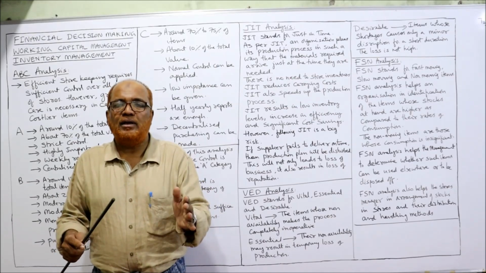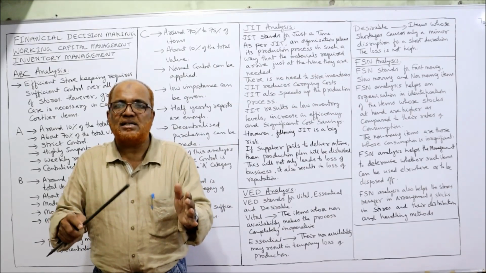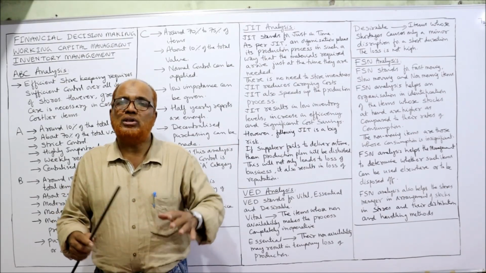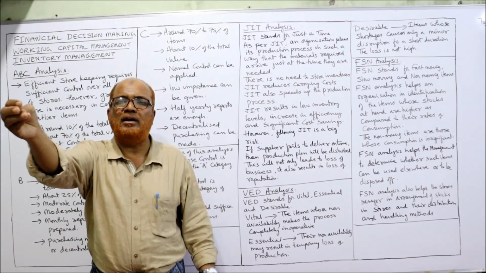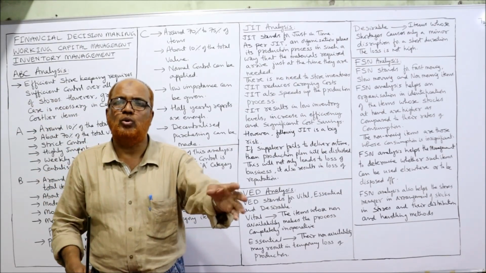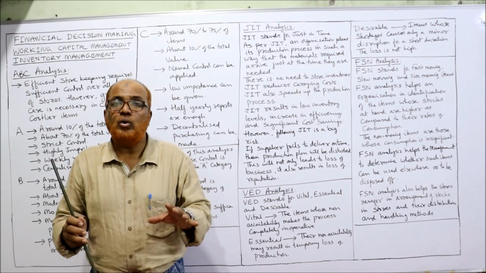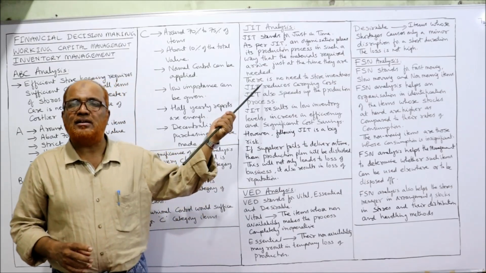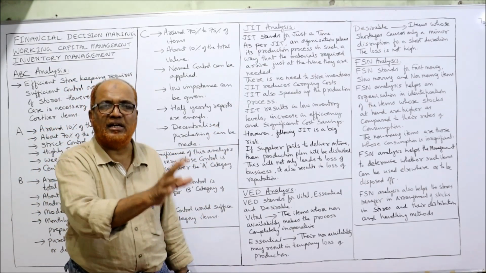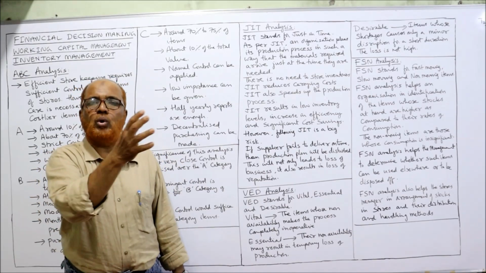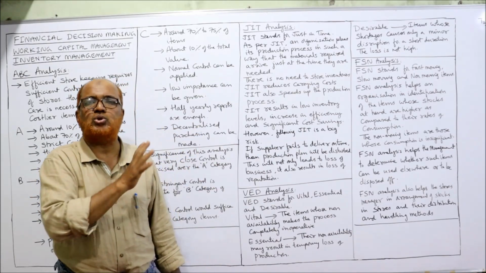Inventory will be purchased as and when needed. When the inventory is required, immediately they will purchase and consume it. So just in time means we purchase the inventory when it is needed. We are not going to hold the inventory in the stores.